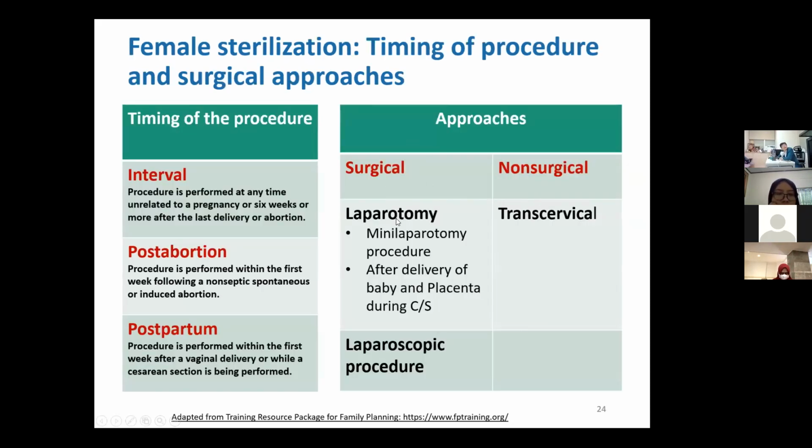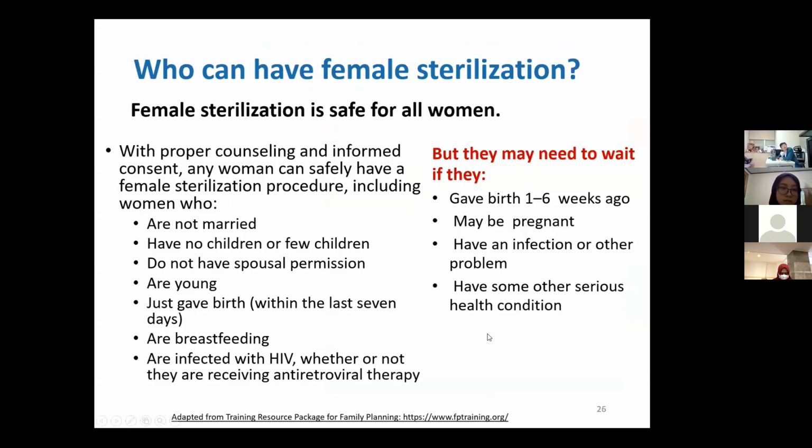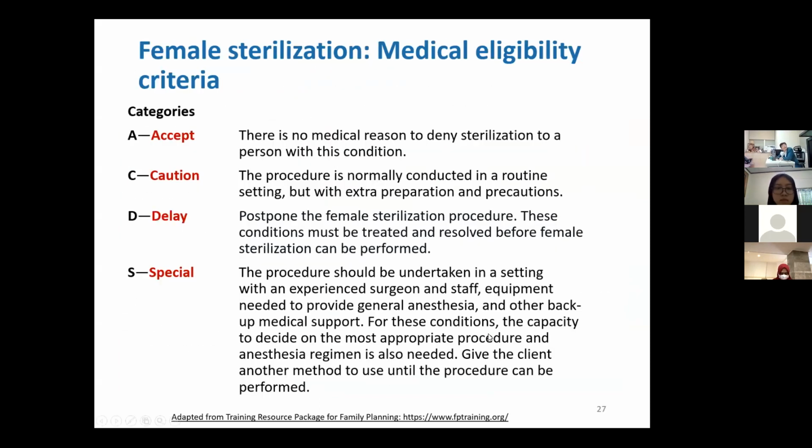We can do laparotomy, we can do transcervical; the majority is laparoscopic surgery. If it's postpartum, after you have a baby, then you can do a different kind of approach. So ask your doctor how to do the surgery safely.